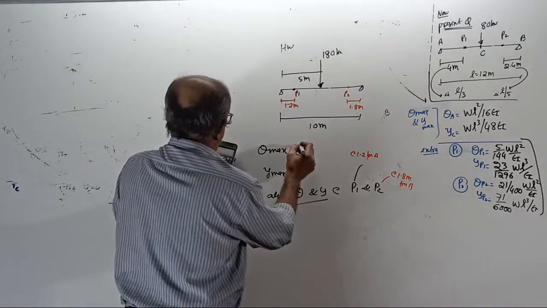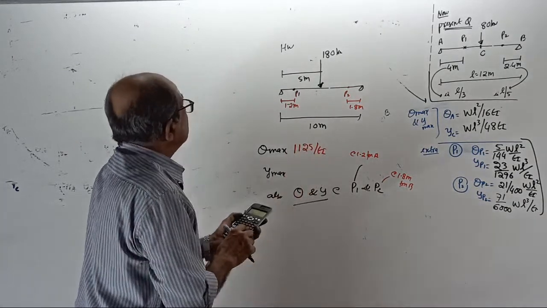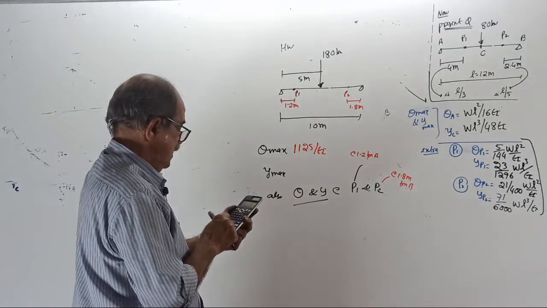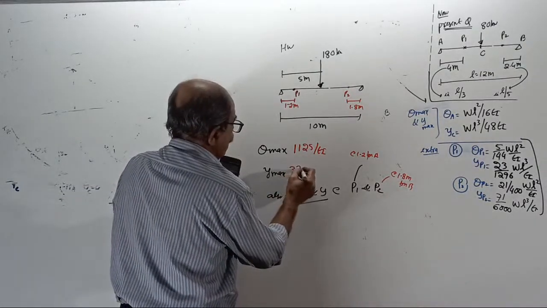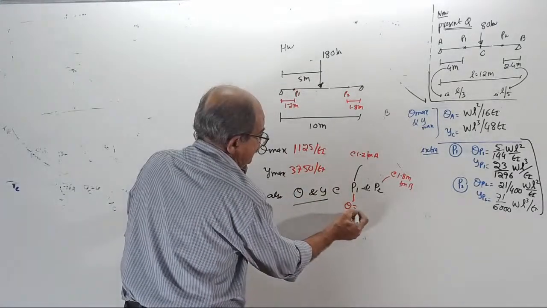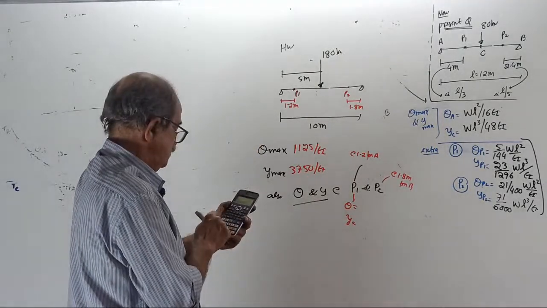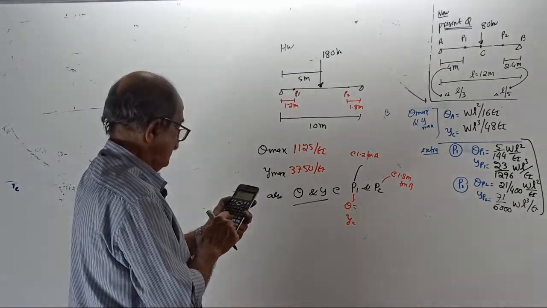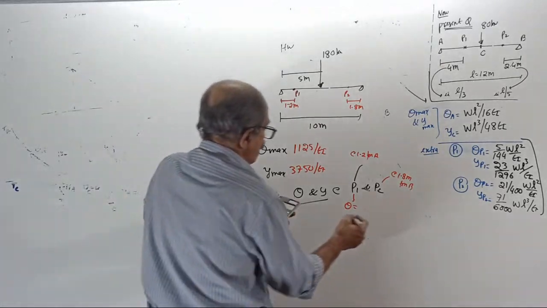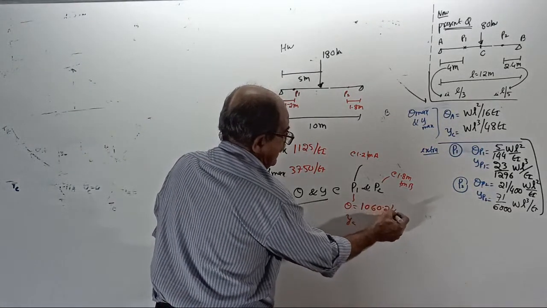Maximum slope 1125 by EI radian. Maximum deflection 3750 by EI. At the point P1, theta and Y. Theta is 1060.2 by EI.